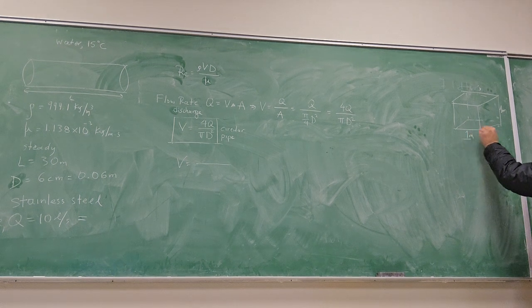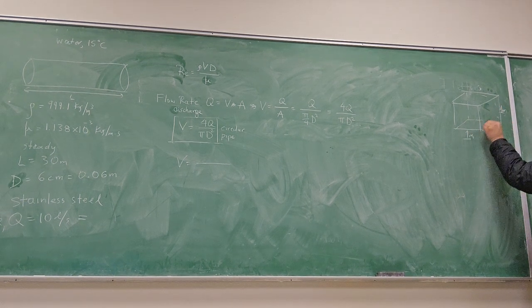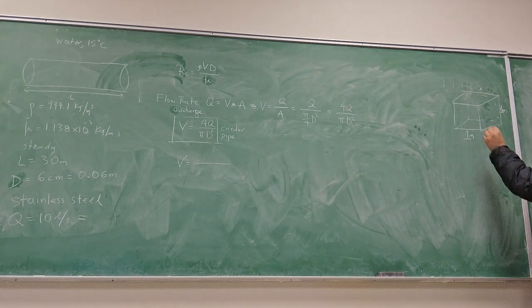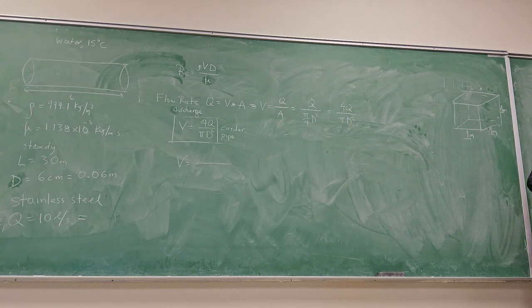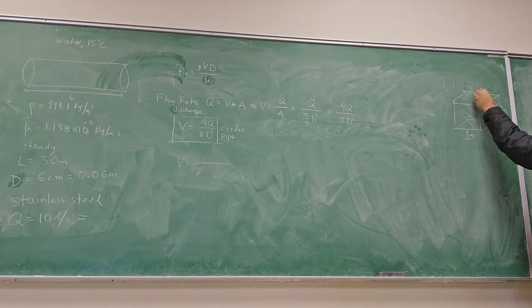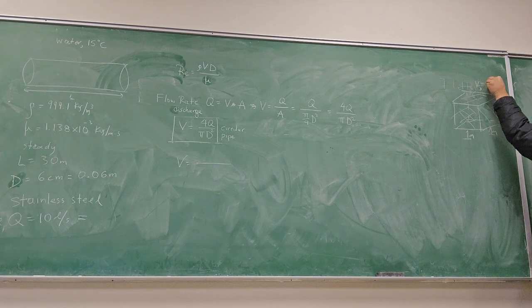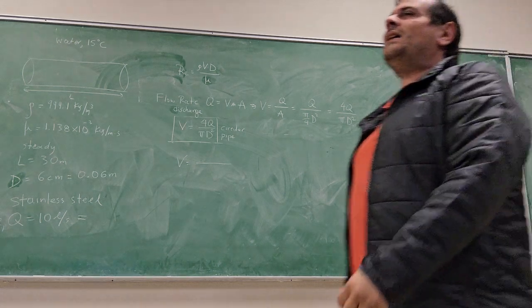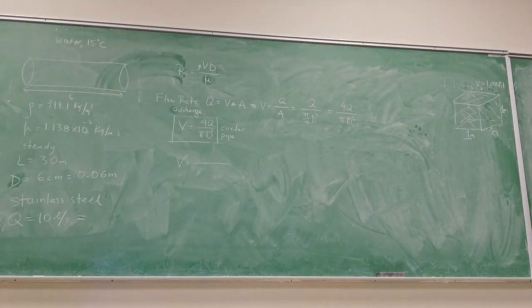So imagine you have a cube of 1 meter by 1 meter by 1 meter. This is 1 cubic meter. If you fill this with water or whatever liquid, the volume will be 1,000 liters. 1 liter is about a third of a gallon, I think.